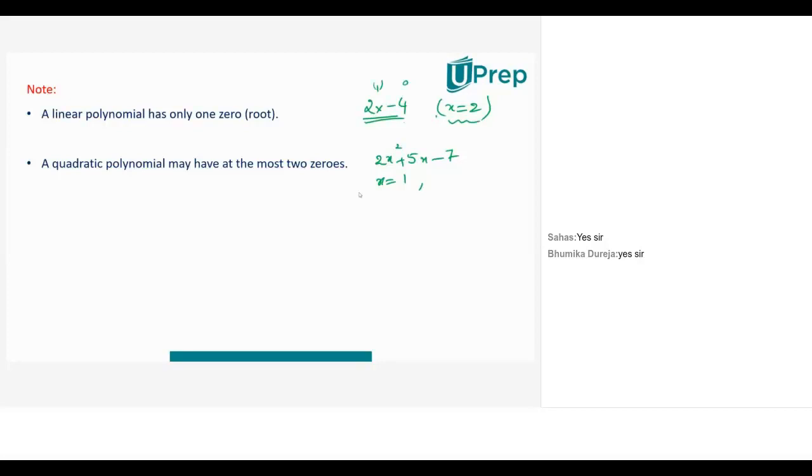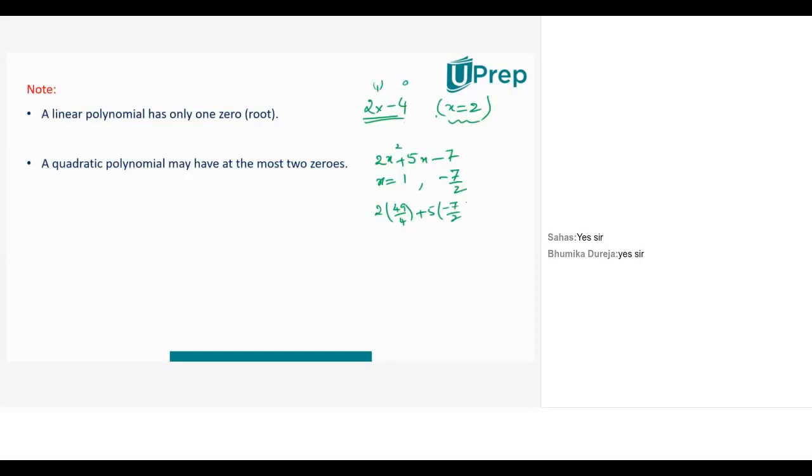If you want, you cross check. Even minus 7 by 2 will also give you 0. If you put minus 7 by 2 for x, it's going to be 2 times x square, that means 49 by 4, plus 5 times x, minus 7 by 2, minus 7.